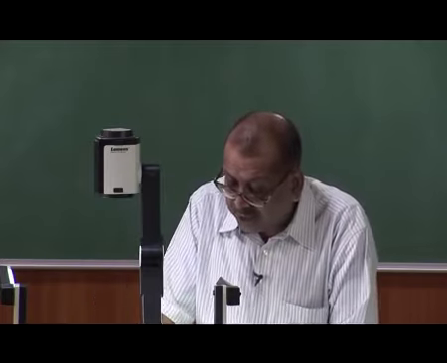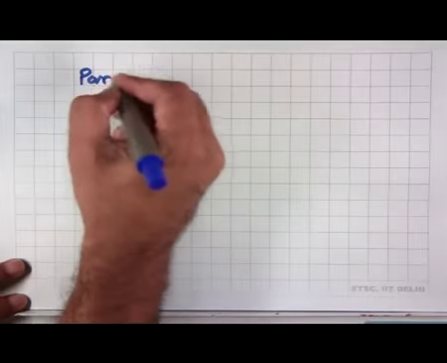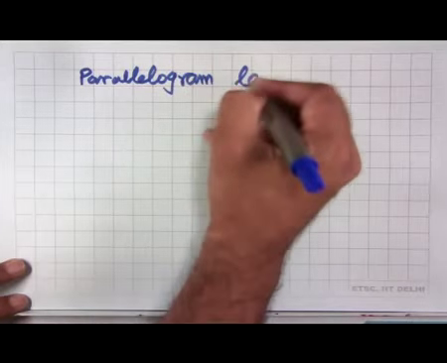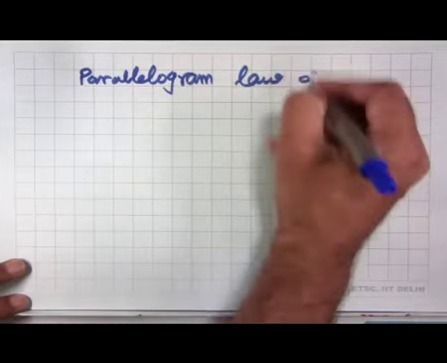Now, there is a second way, which is called the Parallelogram Law of Addition of Vectors.